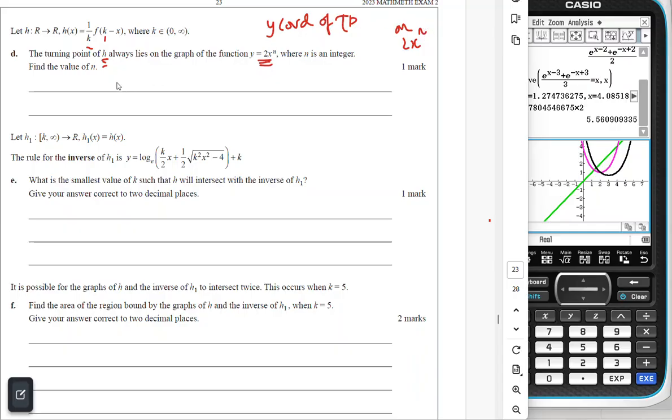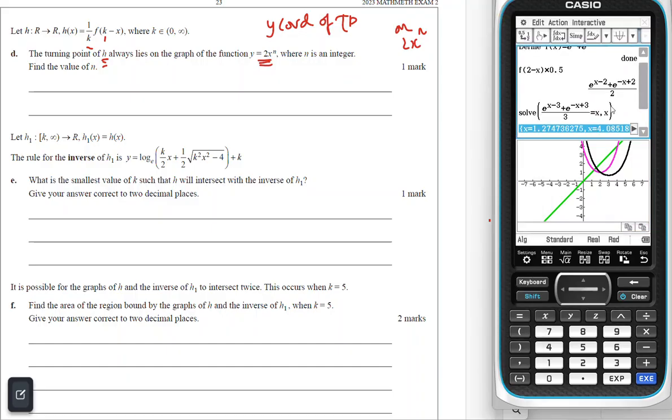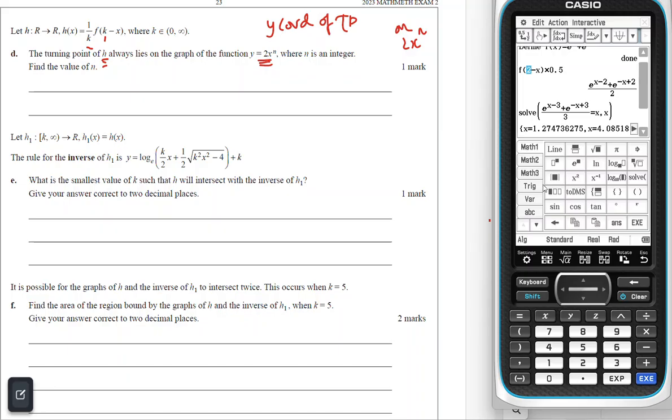Okay, so I believe that the x coordinate of this will be k, but I'll just double check. So I'm now going to come back up here and I'm going to put a k there. And I'm going to put a k there, or I'm going to divide by k.